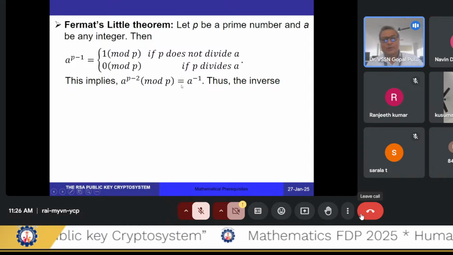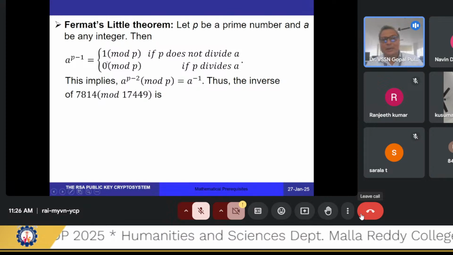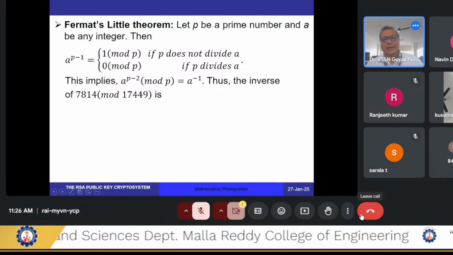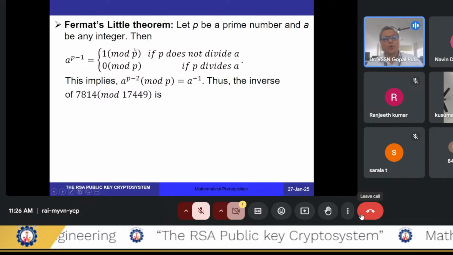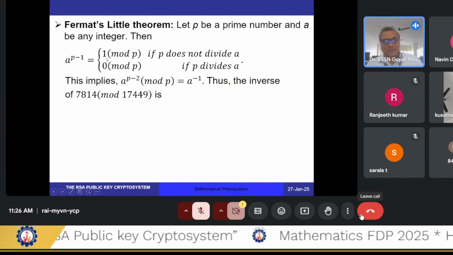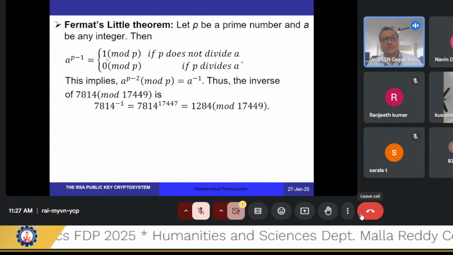So what one can notice is that we can get the inverse of an integer a if we go by Fermat's little theorem, as well as the fast powering algorithm we discussed just before.